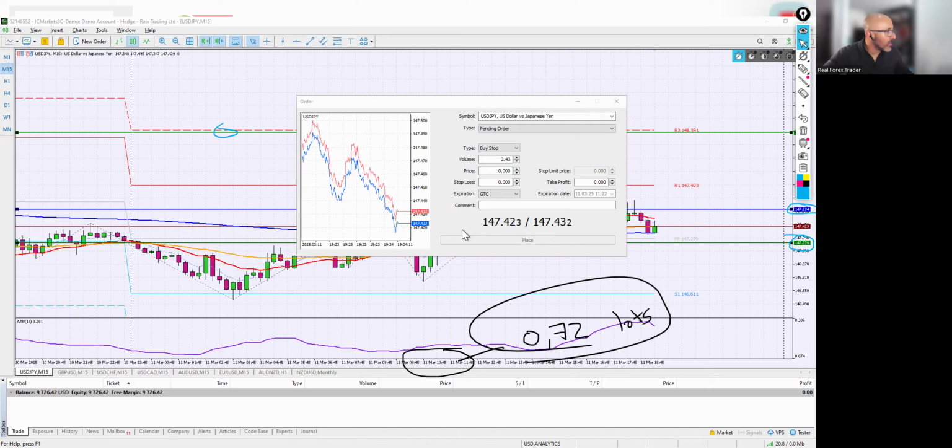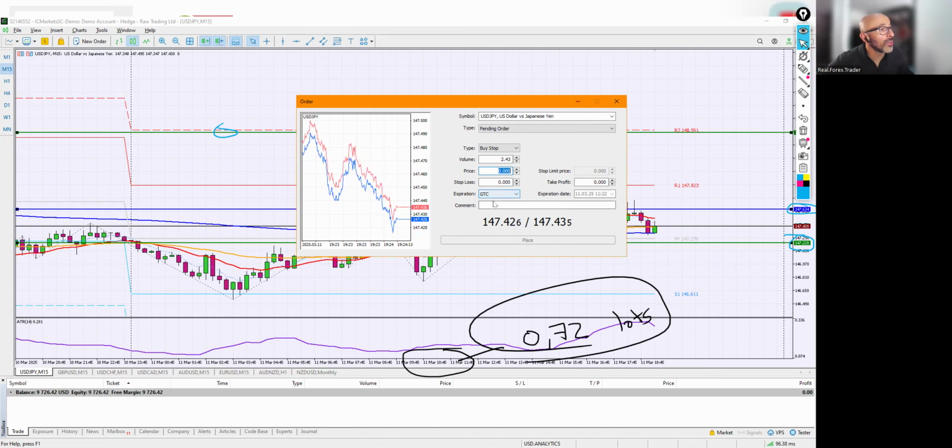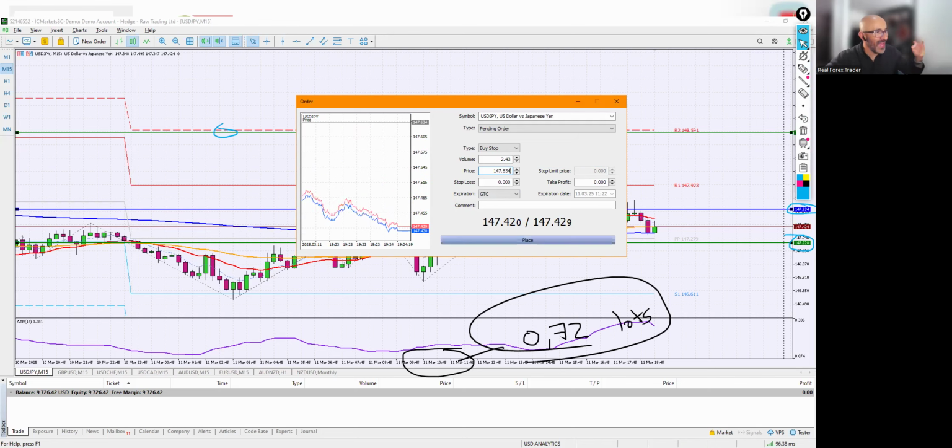Now, the price is 147.634, and that is my entry point. What is my stop loss? My stop loss, 40 pips away from the entry point, calculated with the current ATR under the rule, is 147.228.